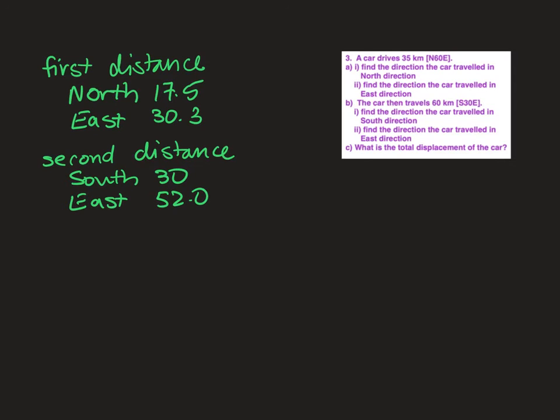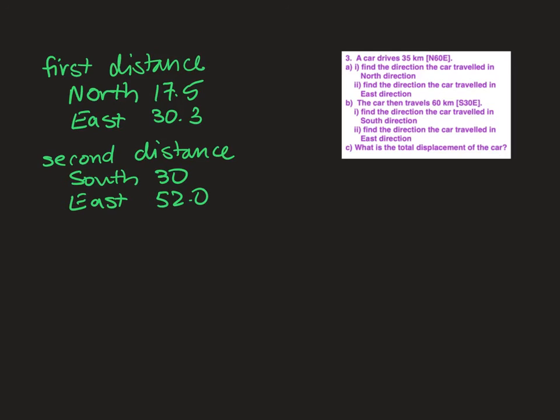Okay, so this is what we've got so far. The first distance ended up going 17.5 north and then east 30.3. The second distance we went south 30 and then east 52. So let's think about the first one, north and south.